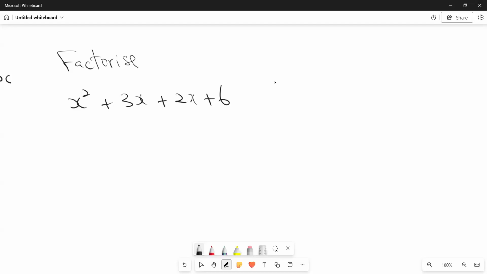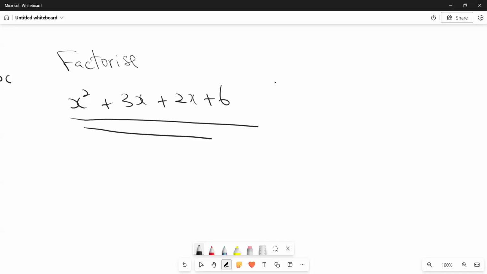So when you look, you almost have no common factor. Right? Do you see a common factor? No, sir. However, a technique that they employ is this.